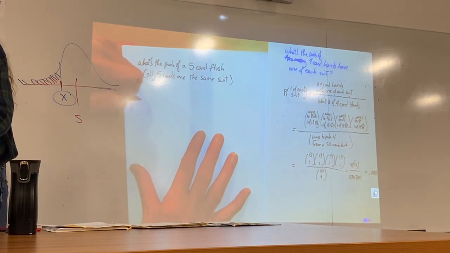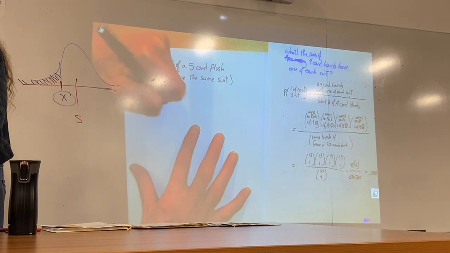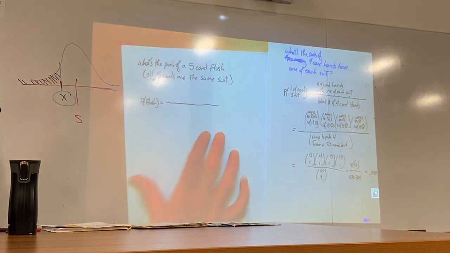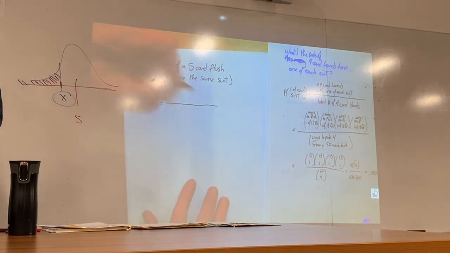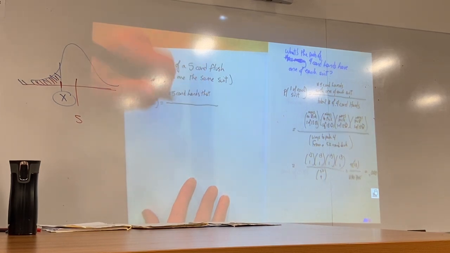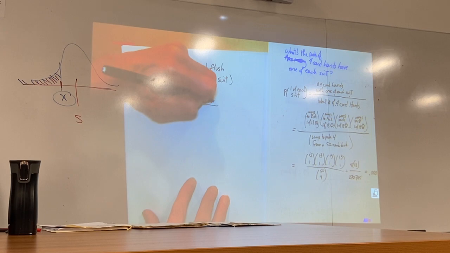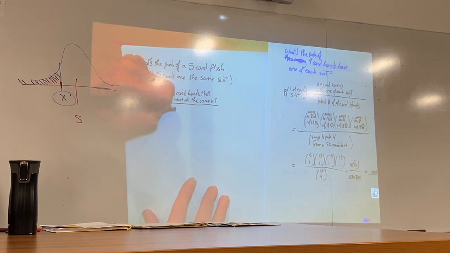So, the probability of a flush, I'll start us out, would be simply the number of 5-card hands that have all the same suit, divided by the number of 5-card hands.